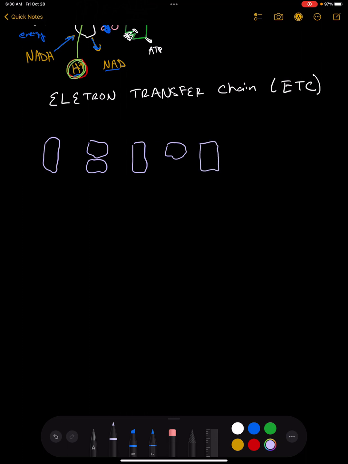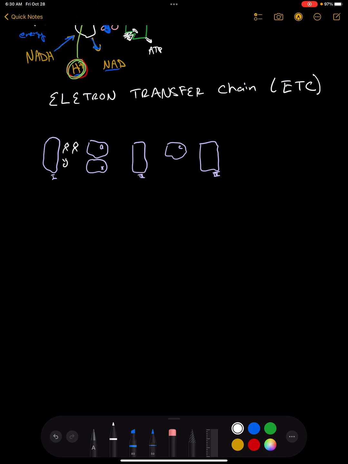So if we named these, this is complex 1. His name is Q, 2, 3, C, and then 4. Don't worry about the names right now. I just wanted to go ahead and name them because they do have names. And this is my cristae.